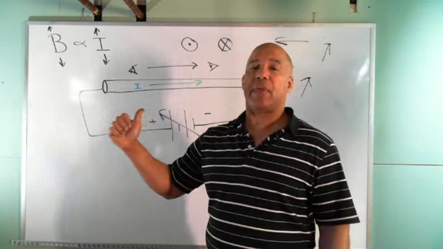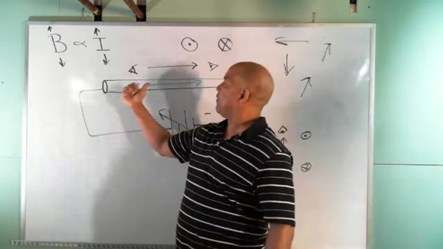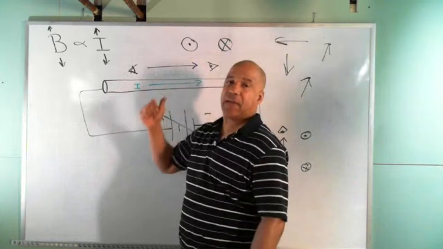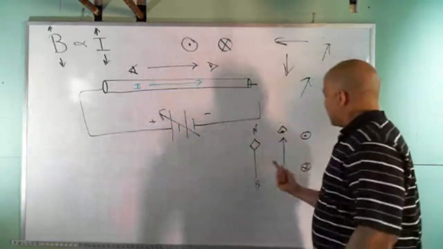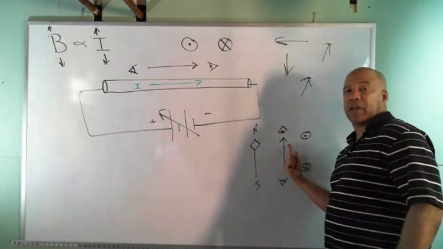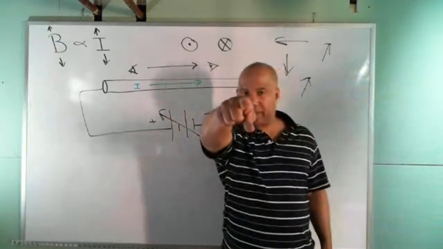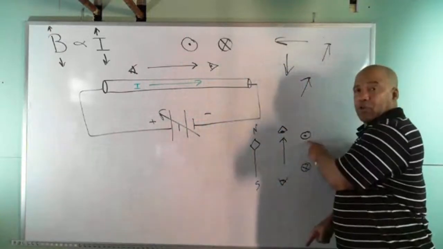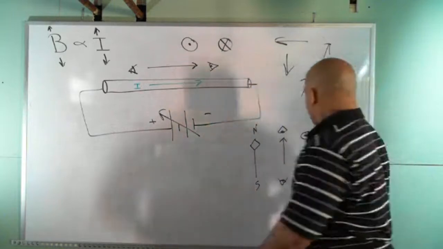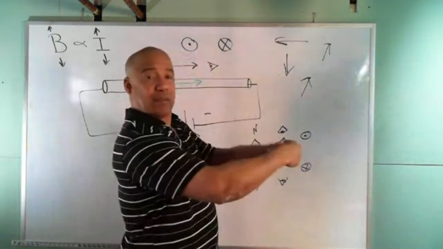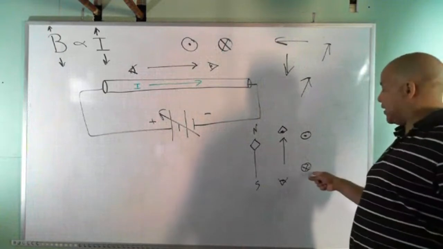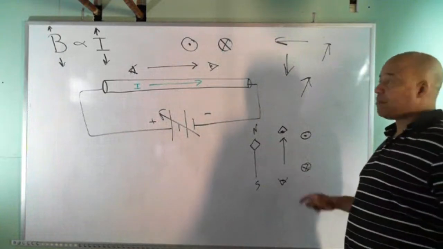You put it in the direction of conventional current flow, like you're hitchhiking. So current is flowing like that. Now your finger represents the direction of the flux. If I'm pointing towards you like that, you're looking at the tip of my finger, then you're looking at that North Pole coming towards you. If I'm pointing away from you like that, you're looking at the back of my hand, then you're looking at either the North Pole leaving you or the South Pole right there.